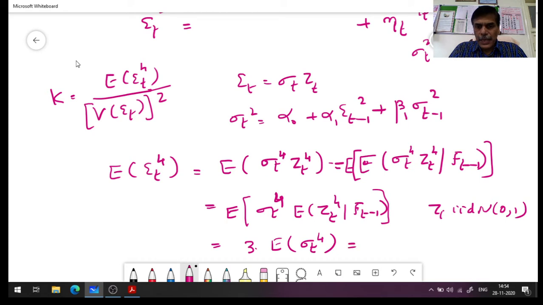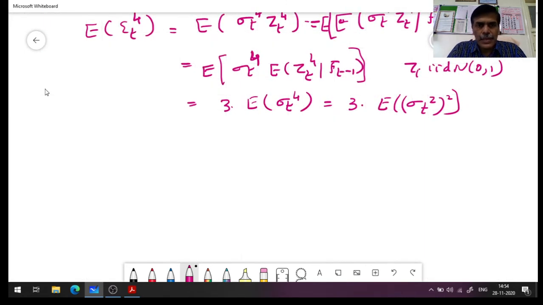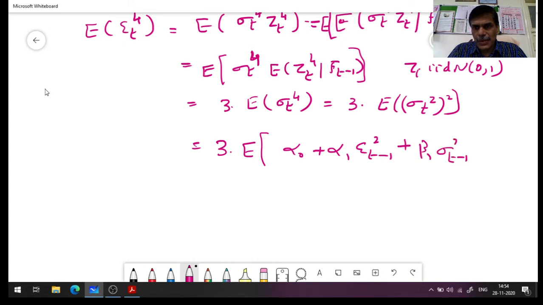Here I may write this as 3 times the expectation of sigma t square, squared. Now you can simplify this by substituting the value of sigma t square, which is alpha naught plus alpha 1 epsilon t minus 1 square plus beta 1 sigma t minus 1 square. So this is sigma t square, and I have the square.